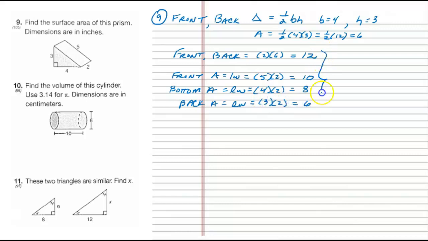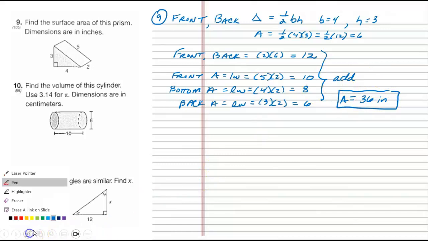Now I'm going to add all of this. Add, and my area is equal to 12 plus 10 plus 8 plus 6 is 36 inches.